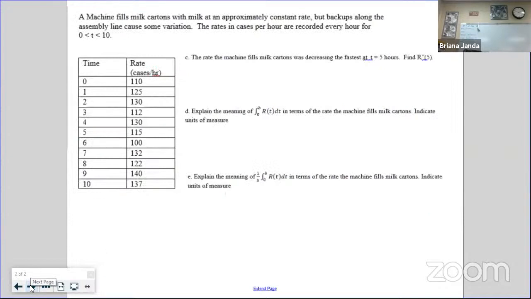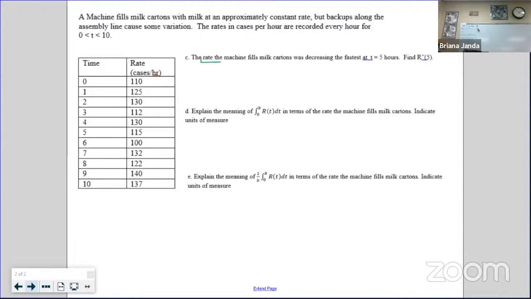Continuing on, and what gets tricky is our table is a rate. Our table is like a derivative of a function, right? Similar to like a velocity. Now, it's not really a situation where we're doing velocity here, but that's kind of what's going on here, is we're looking at the derivative in the table, right? So it says the rate the machine fills cartons was decreasing the fastest.